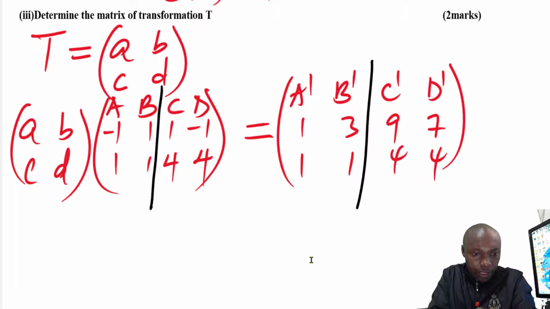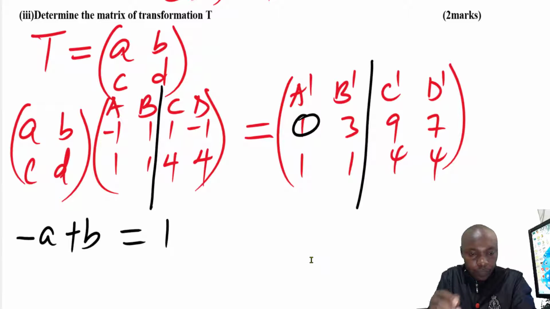So let me multiply this. A times -1 plus b times 1. That will give negative a plus b. So a times -1, negative a, then b multiplied by 1. That is what is going to correspond to this 1.